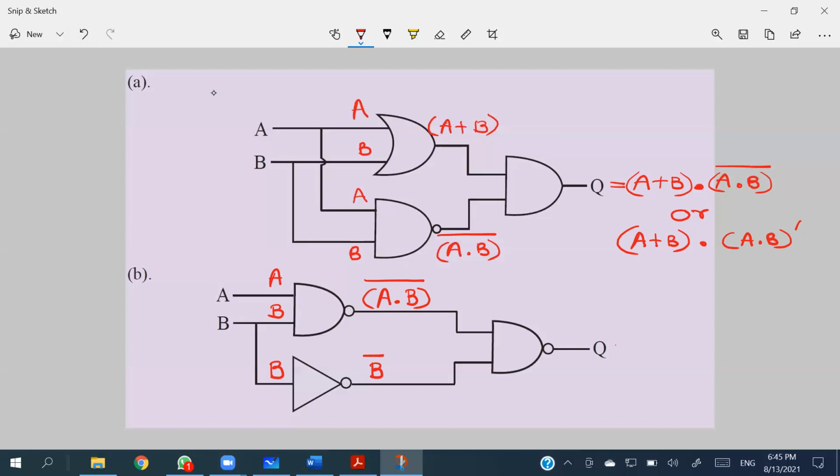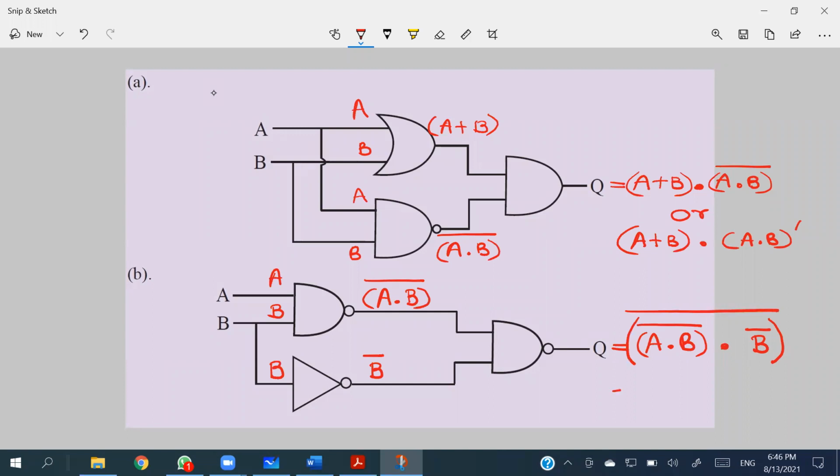One input that the NAND gate receives is A dot B total bar, and the other input is B bar. So the NAND gate is capable of multiplying these two and applying one big bar over it.